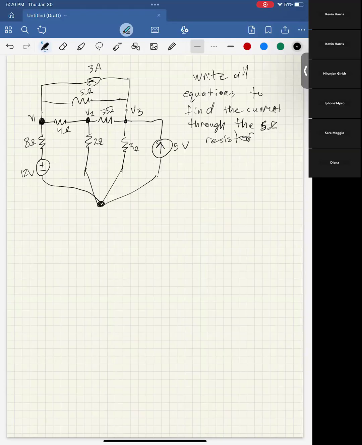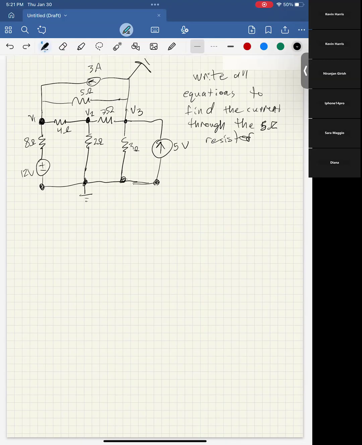Can you expect to see supernode on this quiz? I do not think so. But you see how this is electrically the exact same as this. That's a very important concept. Make sure you keep that in mind. Also, if you for some reason decide ground is up here, you will end up getting the same answer. It'll just be a lot more annoying.